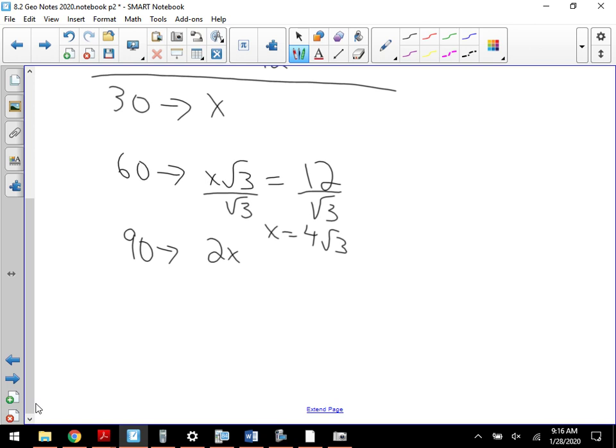If you know opposite the 90, divide to find x. Then multiply others. Multiply for opposite the 60.